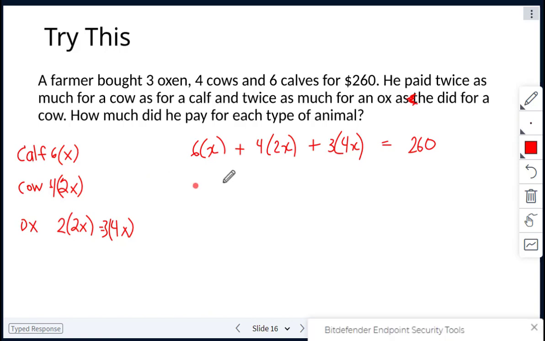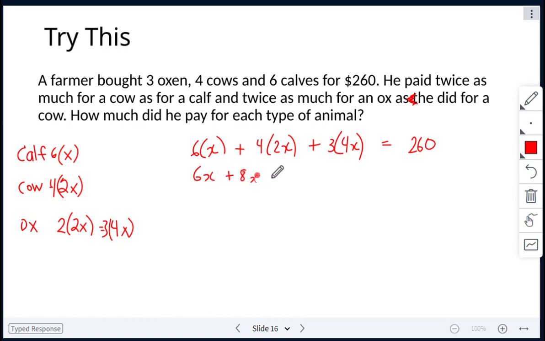We end up with 6x plus 8x plus 12x equals 260. Let's add that up: 6 plus 8 plus 12, we get 26x equals 260. Divide by 26 on both sides, and that gives us that x is equal to 10.